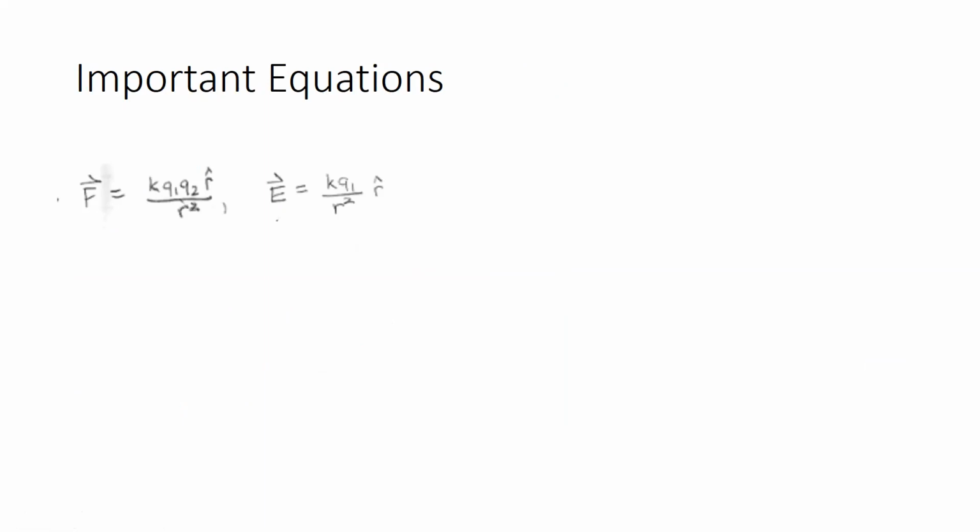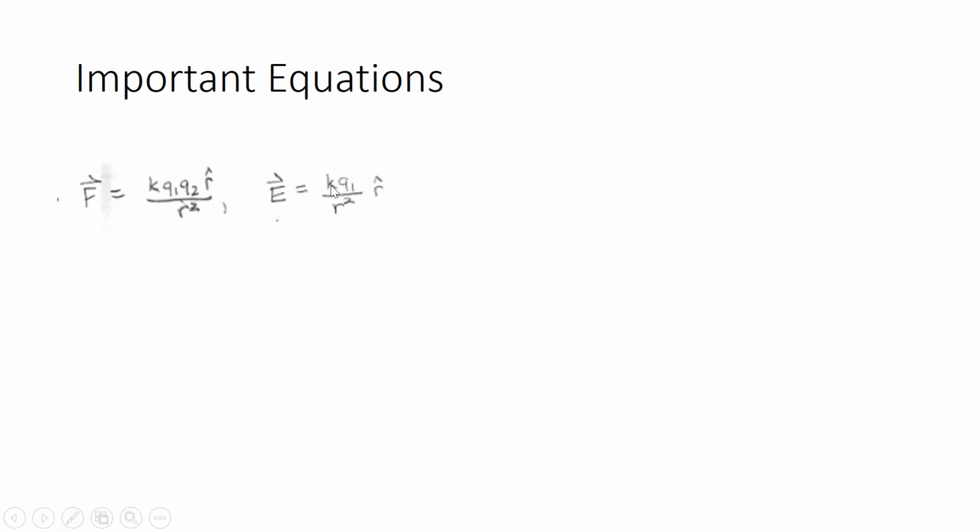Recognize this one. This is Coulomb's law. The electric force is a constant times the product of two charges over the distance squared times a unit vector pointing from one to the other. And this is the electric field, which is similar.